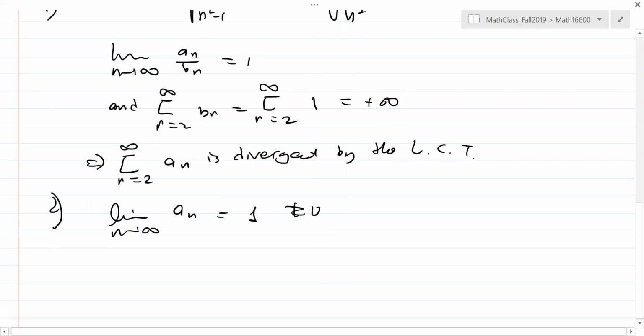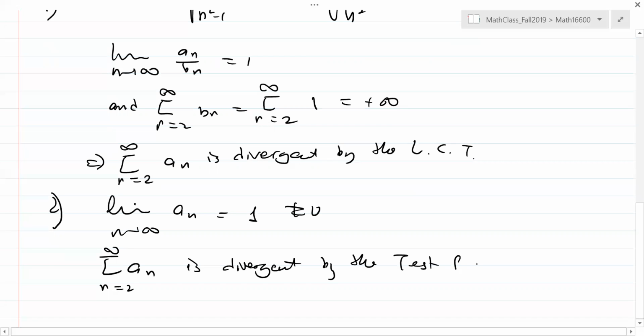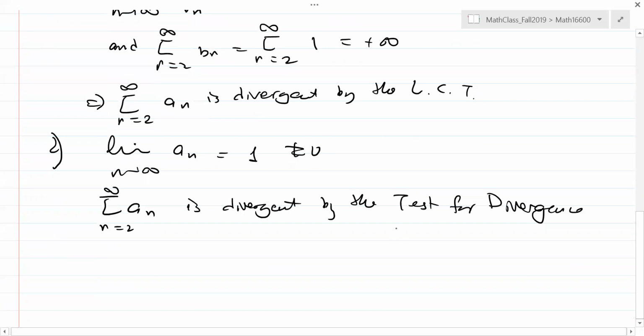So that means this series, n starting from 2, is divergent by the test for divergence, sometimes called the nth term test. Maybe you can say that, more precisely.